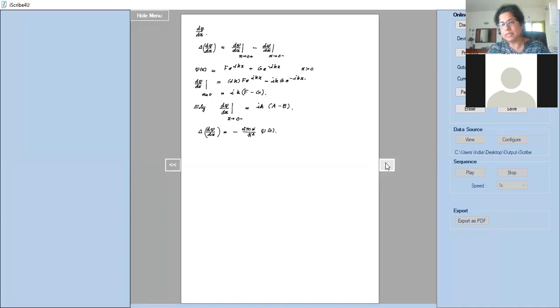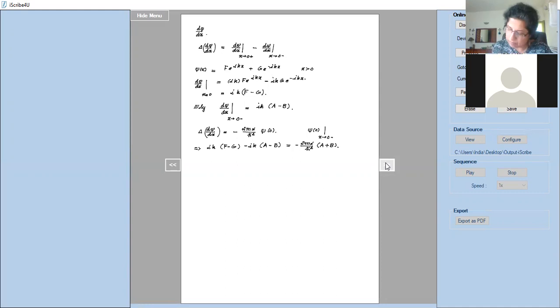Therefore ik (F minus G) minus ik (A minus B) must be equal to minus 2mα by ħ squared. Let's take the ψ(0) value for x going to 0 from the negative side, in which case we get A plus B. You can just look at the wave function and realize that is true.